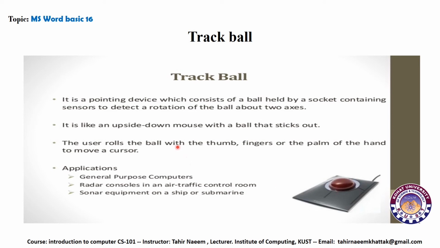It's like an upside down mouse with a ball that sticks out. In the mouse the ball is on the lower side, while in the trackball the ball is on the upper side. The user rolls the ball with the thumb, fingers, or palm of a hand to move a cursor.